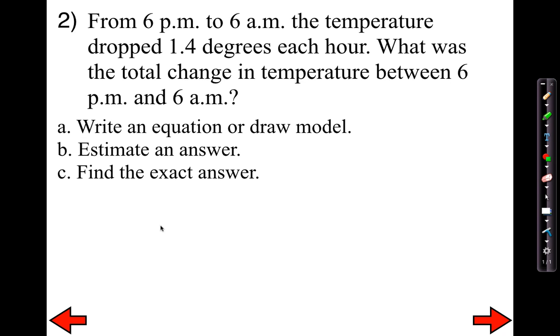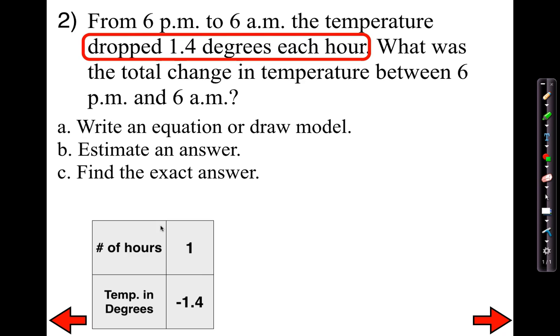Now, real quick, what's going to help me is if I write it out as a table to track what the temperature is at a given time. For example, if it's dropping 1.4 degrees each hour, I would expect by the first hour, going from 6 p.m. to 7, it's dropping down 1.4 degrees.